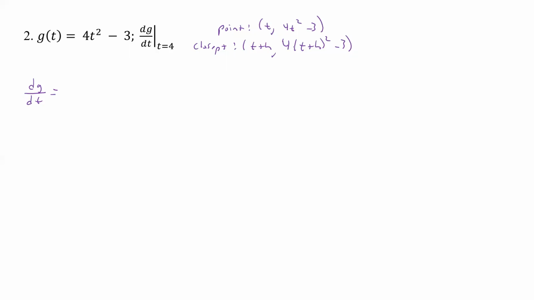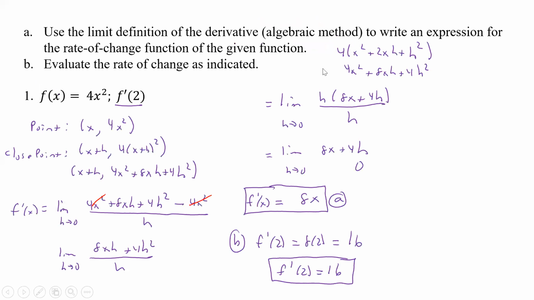Now, we just did something like this, 4 times (t plus h) squared, except it was 4 times (x plus h) squared. So we're going to get to this point here, 4x squared plus 8xh plus 4h squared.